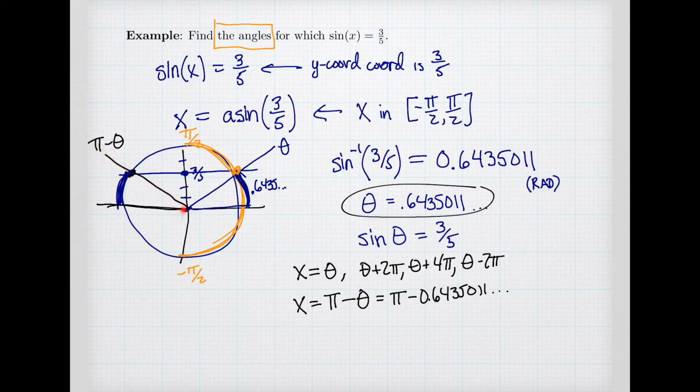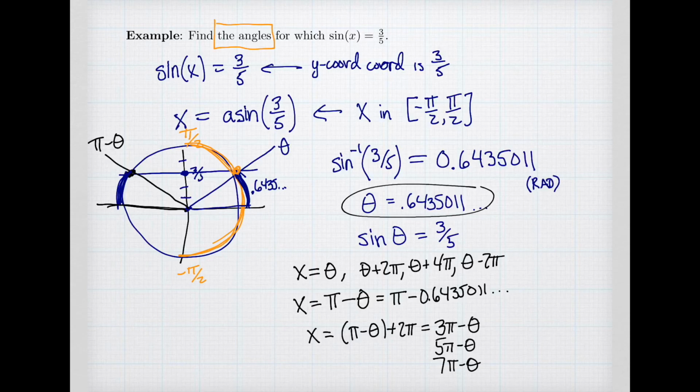There are also ways of landing on the second quadrant angle, and that would be x equals pi minus theta plus 2 pi. In other words, 3 pi minus theta, or 5 pi minus theta, or 7 pi minus theta. All of the odd multiples of pi, 3 pi, 5 pi, 7 pi, they all land me on this axis, and so subtracting theta gives me these angles.